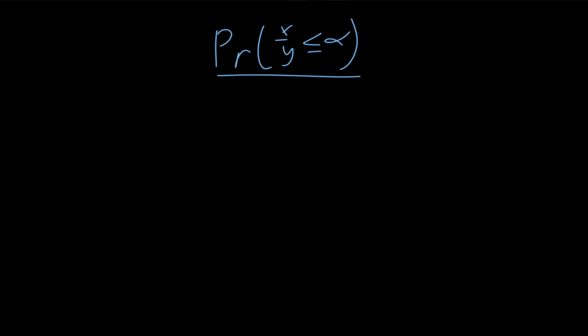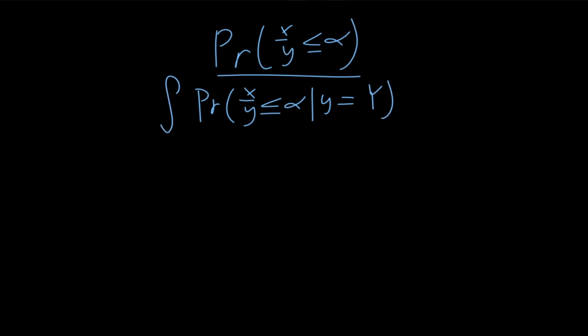So what I mean by that is we can express this as the probability of x over y being less than or equal to some alpha, given that y is equal to just some capital Y, some number. And then what we can do is integrate this expression over the distribution for y itself, F_Y being the cumulative distribution function for y.